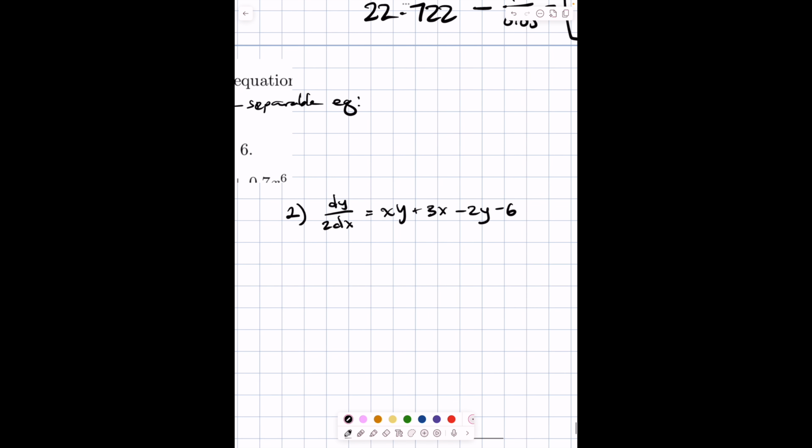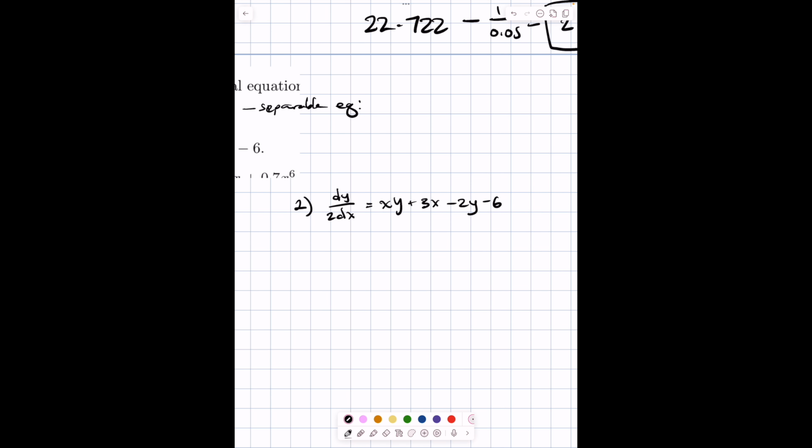So at first, it's completely unclear what this problem could be.